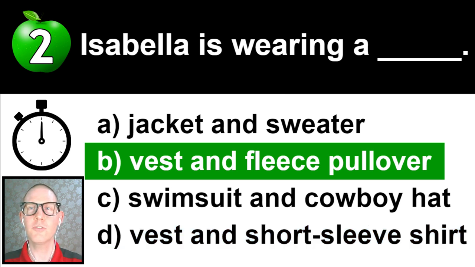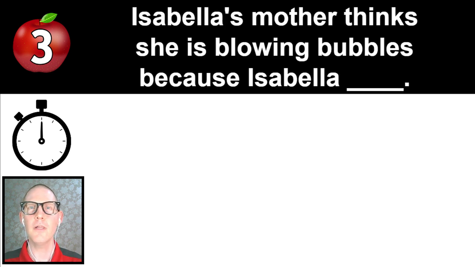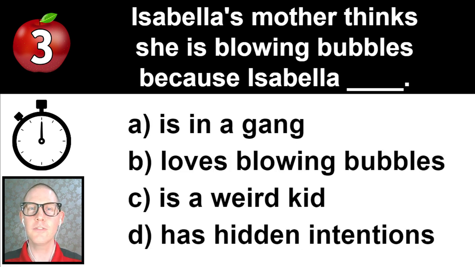Okay, question number 3. Isabella's mother thinks she is blowing bubbles because Isabella, A, is in a gang, B, loves blowing bubbles, C, is a weird kid, or D, has hidden intentions. What do you think?